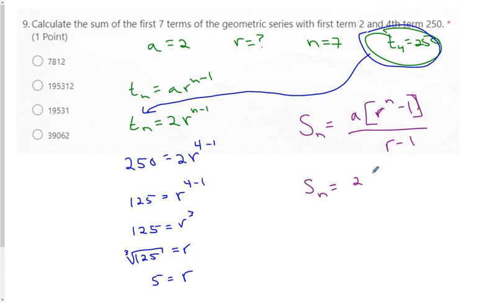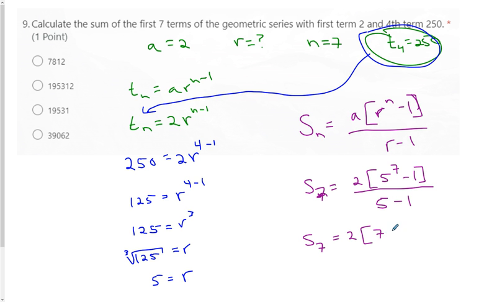Our a value is 2. Our r value is 5. Oh, and we can sub in for n because we're looking at our first 7 terms, right? In this case, we want to find our first 7 terms. Okay, so I subbed everything in for finding the sum of the first 7 terms.